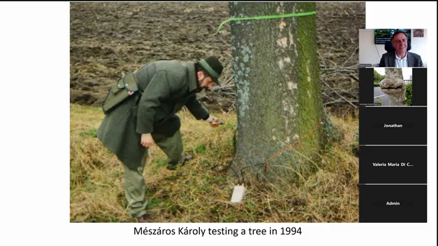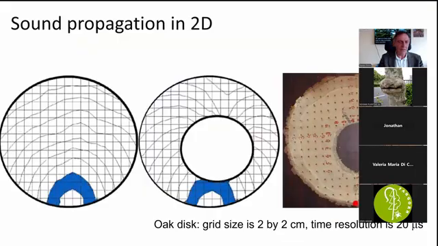Actually, he recommended using the acoustic technique for trees because earlier it was used mainly for the evaluation of wooden structures. And that trial was successful. Near the city of Győr, he is testing one of his first trees.